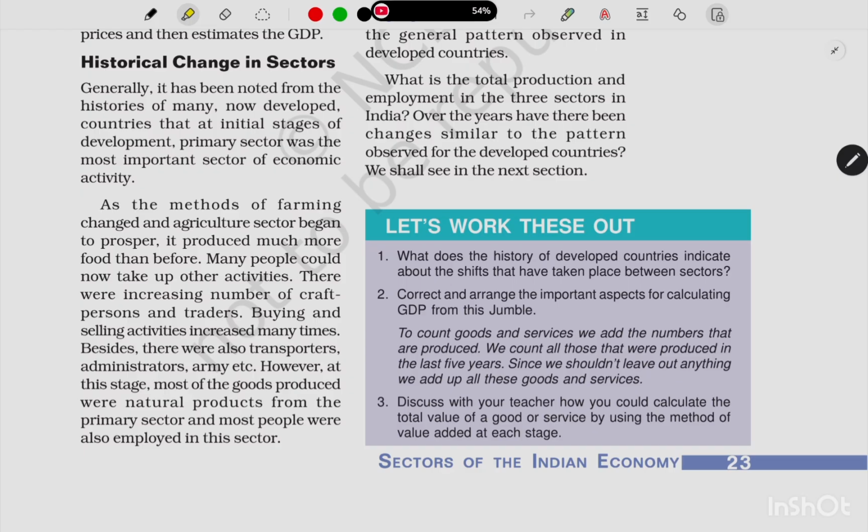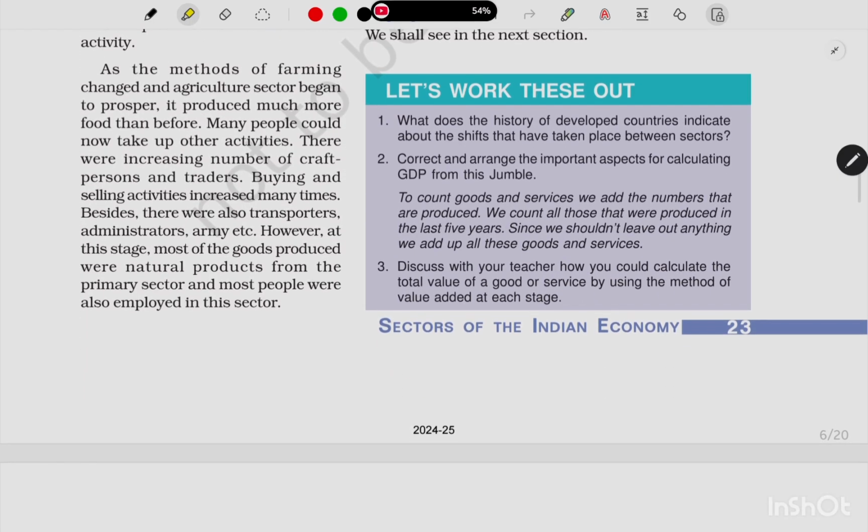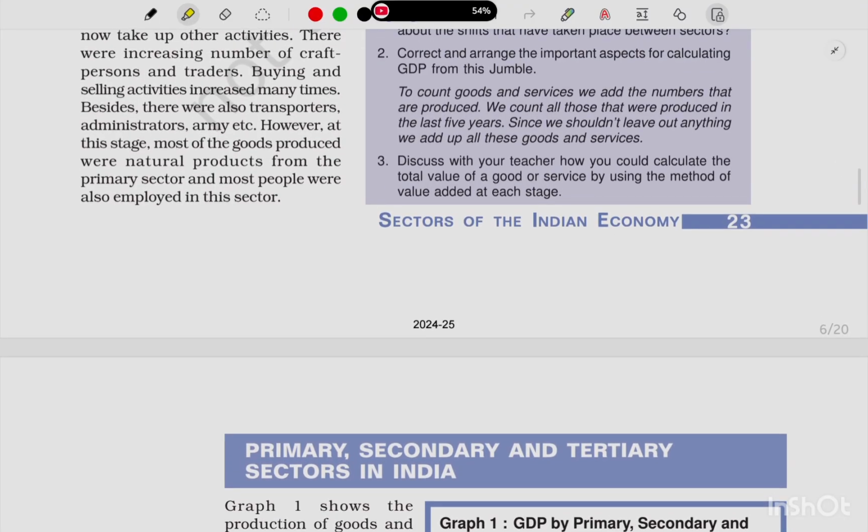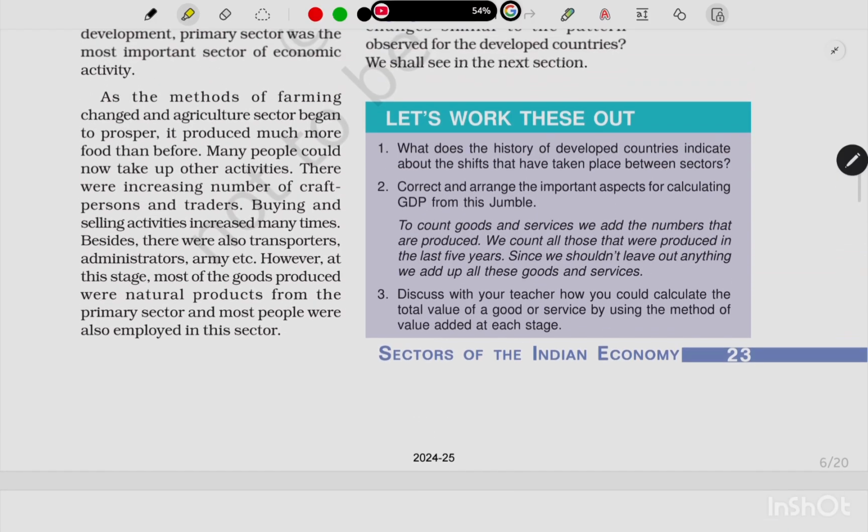Many people could now take up other activities. There were increasing number of craftspersons and traders. Buying and selling activities increased many times. Besides, there were also transporters, administrators, army, etc. However, at this stage, most of the goods produced were natural products from the primary sector, and most people were also employed in this sector.